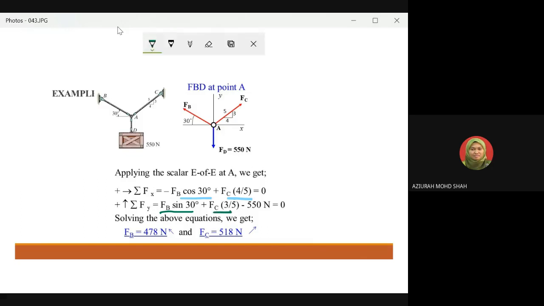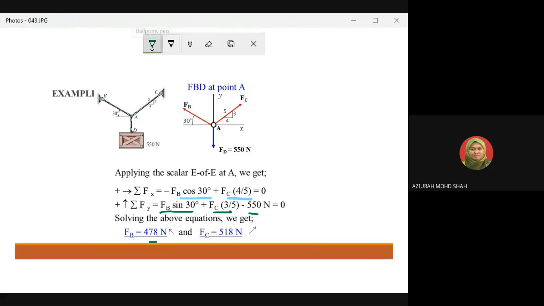And also 550, rearrange balik, solve the equation, you akan dapat 478. Patutnya kamu tekan calculator lah. Tak apalah, next question nanti saya minta kamu buat lah. Okay, FC 518. Okay, ini kalau you gunakan rectangular component, you are using this one, FB cos, sin.